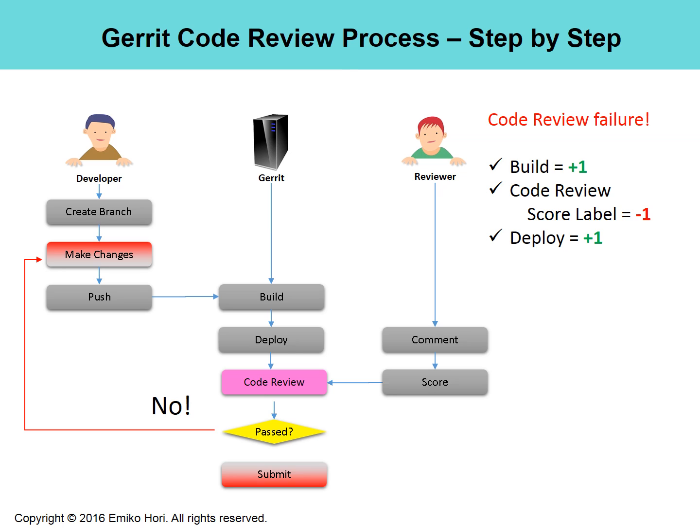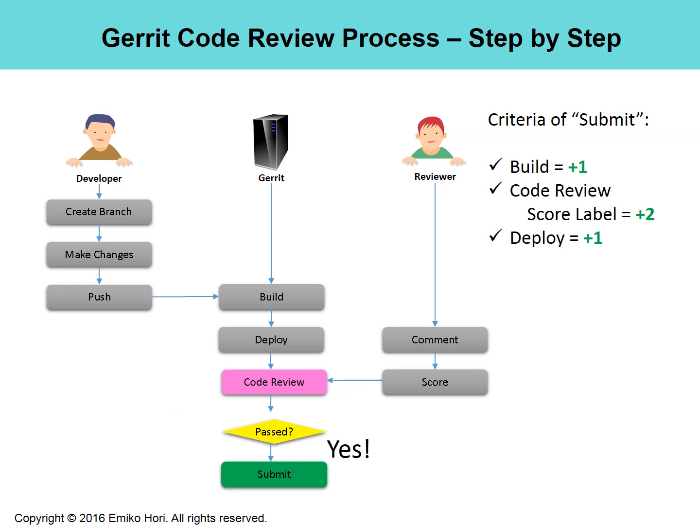So, anything else besides code review, the scoring label ranges from -1 to +1. In this case, this is the criteria of submit. This is ready to go, which means all the labels have the color green.